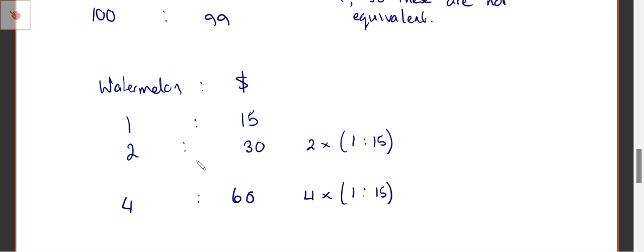I was thinking of baking. Oh, yeah. Why is baking ratio related? Four cups of sugar and 5 cups of salt. Yeah, I get it.